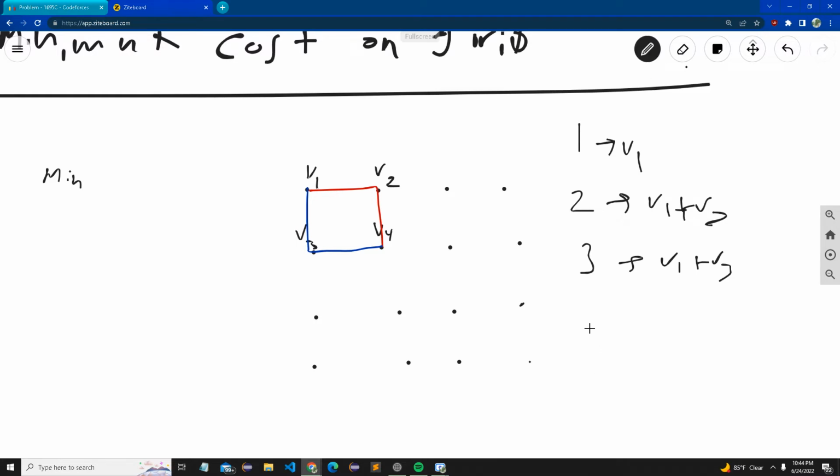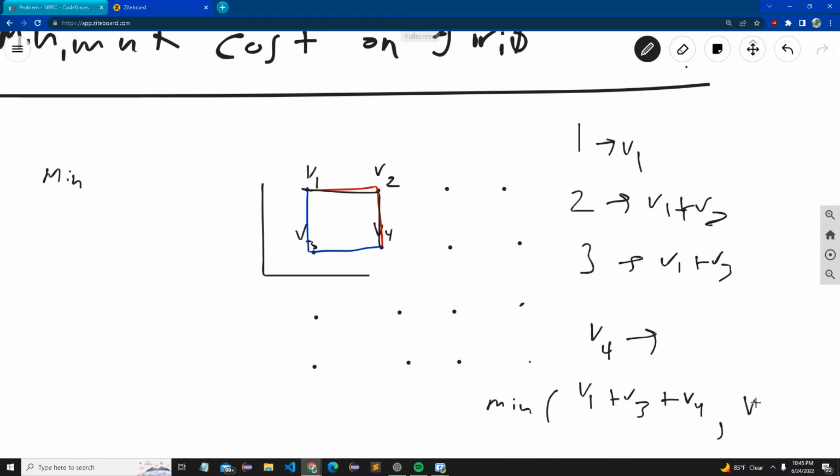Well, there are two different ways to get to v sub 4. If you choose to go one way, it's v sub 1 plus v sub 3 plus v sub 4. Or you can go the other way, so you want the minimum: v sub 1 plus v sub 2 plus v sub 4.